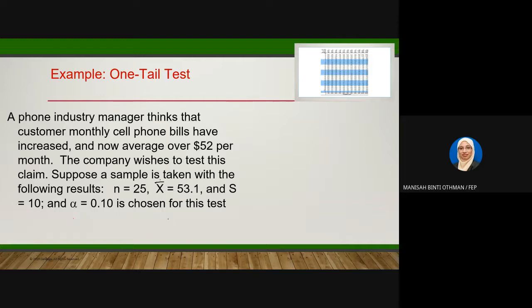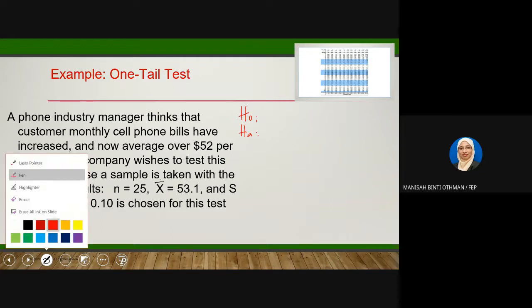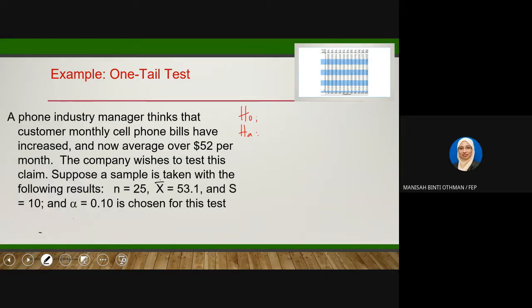First you have to develop the hypotheses, the null hypothesis and the alternative hypothesis. Remember, based on the statement, we put the claim in the alternative hypothesis: mu is more than 52.